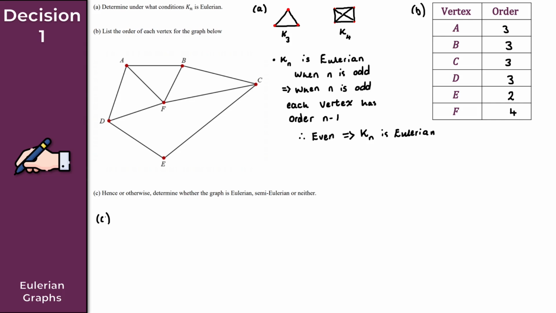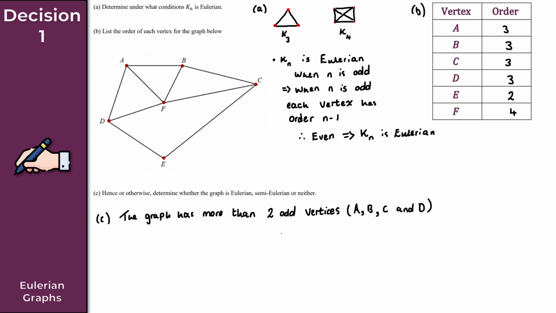Okay? So the graph has more than 2 odd vertices. I'll just take those vertices here. So A, B, C, and D. So those vertices there are my odd vertices, right?